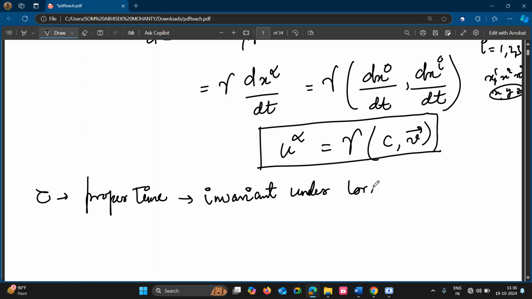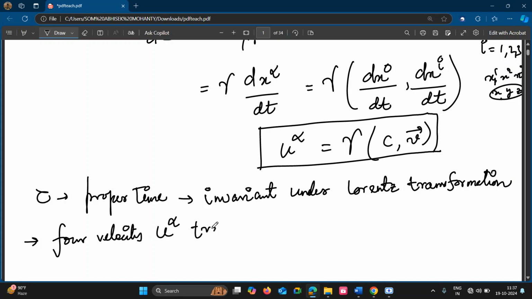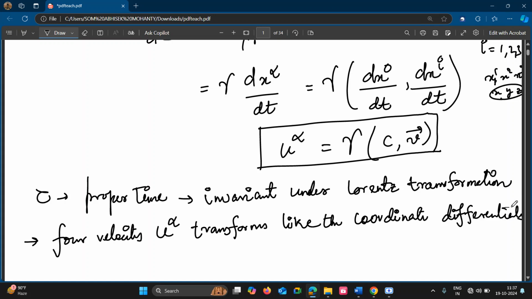So the four velocity u alpha transforms like the coordinate differentials dx alpha under Lorentz transformation.